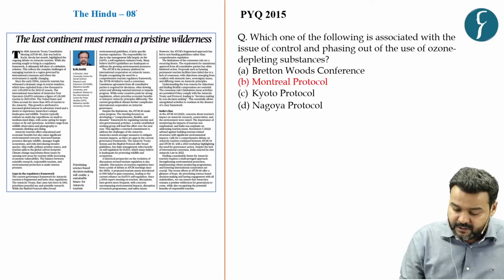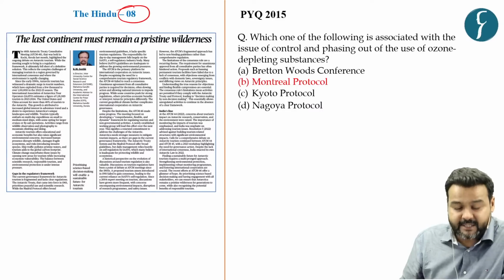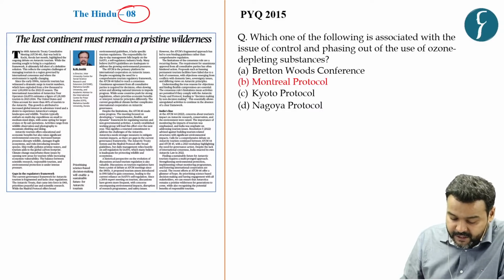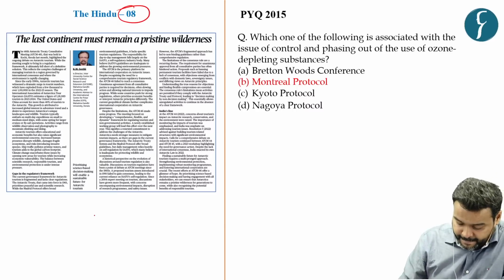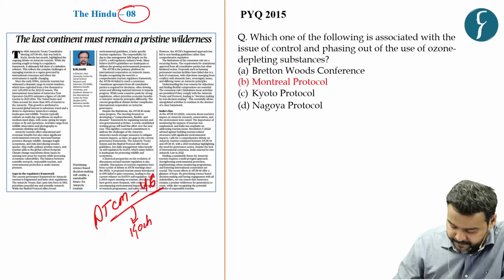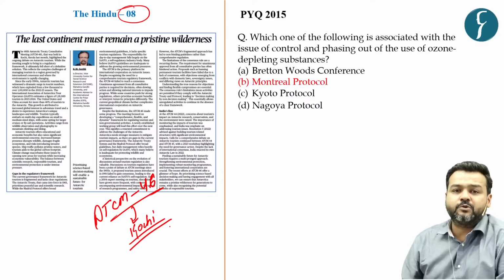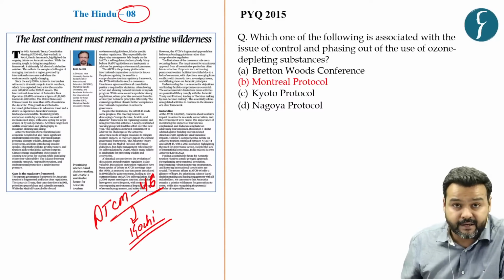The next question is based on this news article, which featured on page number 8 of the Hindu Express. Recently, the 46th Antarctic Treaty Consultative Meeting was held in Kochi. The main agenda was to frame a regulation for tourism in the Antarctic area.